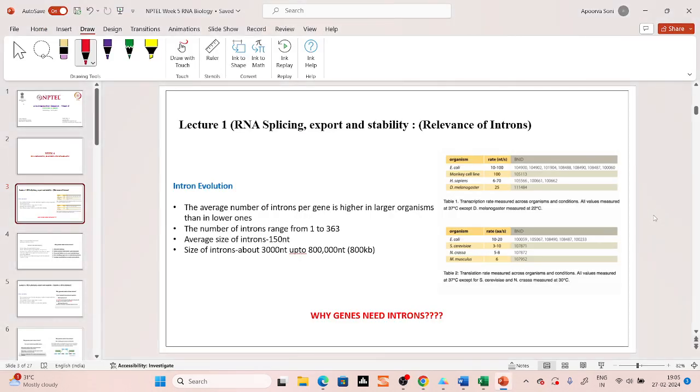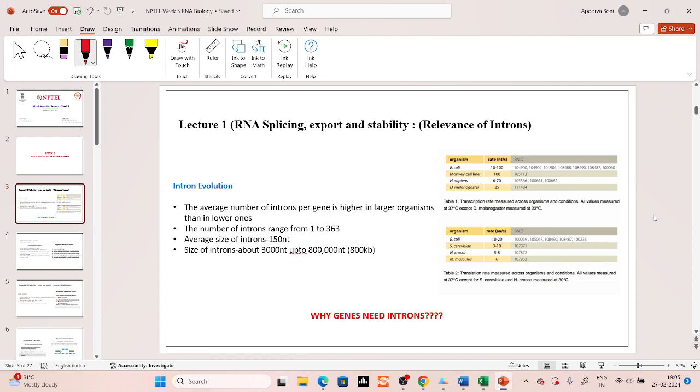Okay, so lecture 1 is about the relevance of introns. You have a basic idea that introns are mostly present in higher organisms, which are higher in the scale of evolution. Prokaryotic systems do not have introns, whereas eukaryotic systems have introns. Within the eukaryotic systems also, the number of introns increases as the complexity of the organism increases.